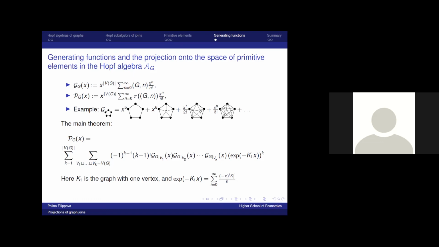The logarithm is understood in the sense of convolution product. And Polina's result is an extension of this logarithmic law to the exponential generating function for certain specific families of graphs, those families that are obtained from a given graph by joining with discrete graphs.